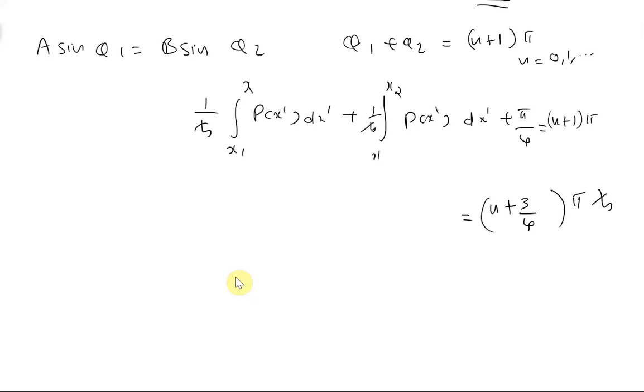Here I can combine the integration from x1 to x2 p of x prime dx prime. So that will give you your quantization expression for this case. X1 to x2 p of x prime dx prime is equal to n plus 3 by 4 pi h cross. So this is a quantization condition for this particular case.